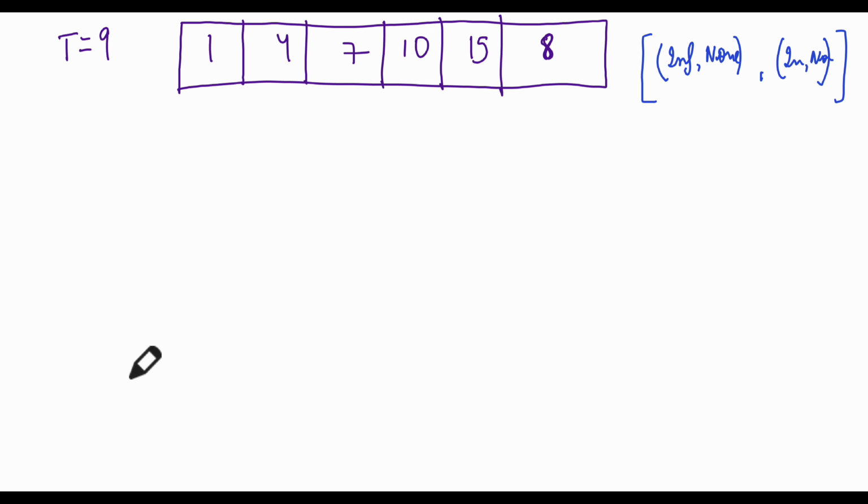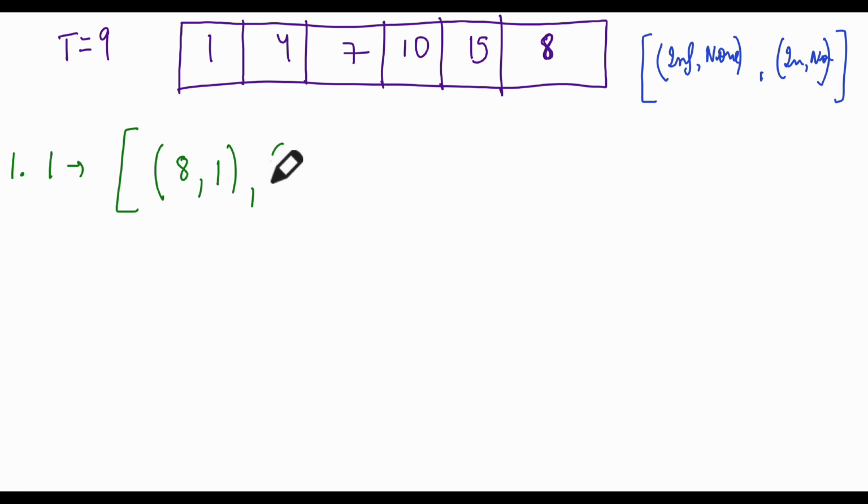Now let us start creating the result after every iteration. At the first iteration, I will see that the difference of 1 from 9 is 8. And because 8 is less than infinity, it will be inserted here. So when I am at 1, my list will become like this. I will have 8 and I will have 1.